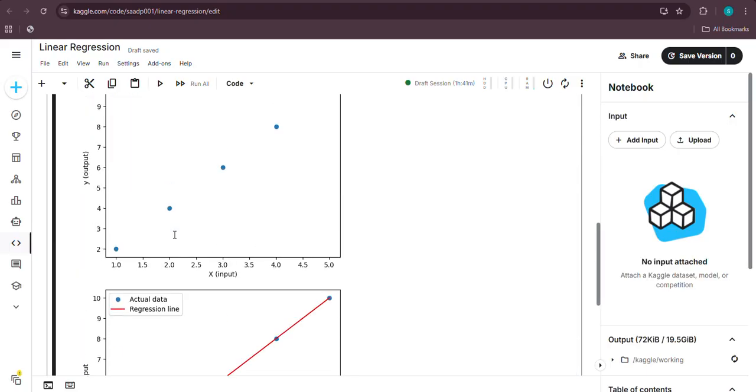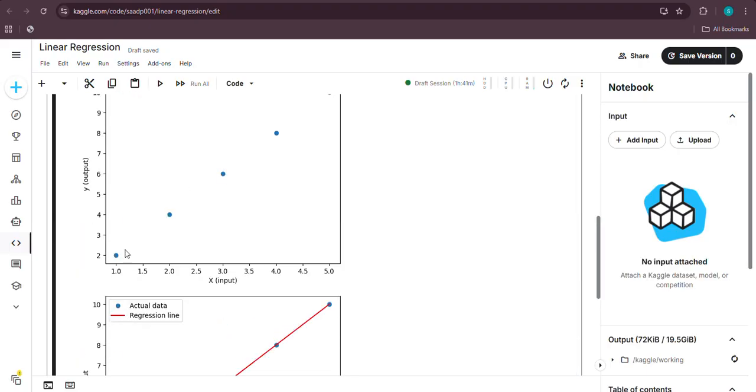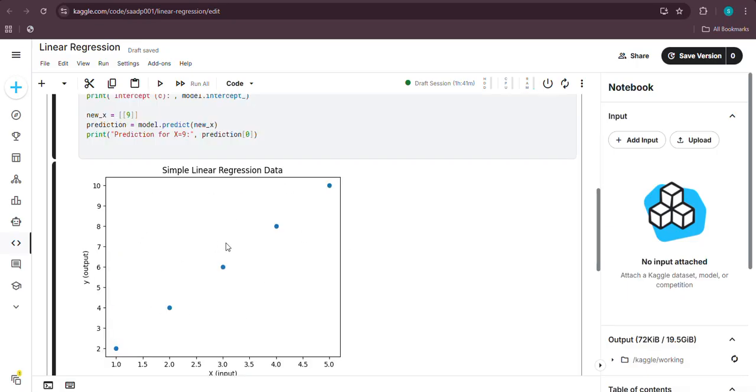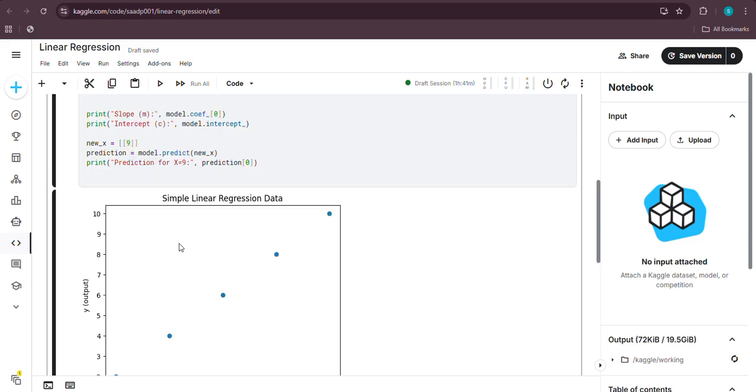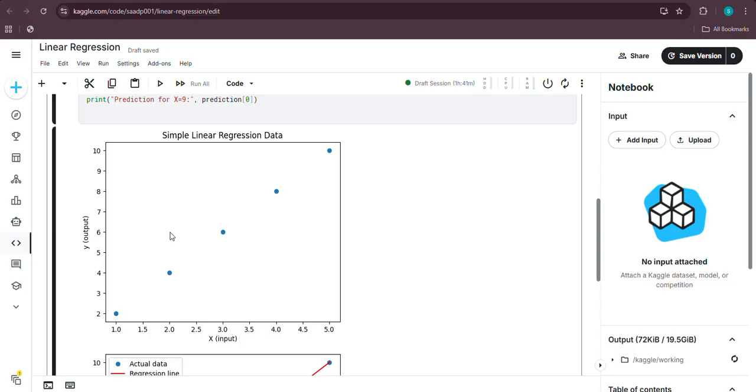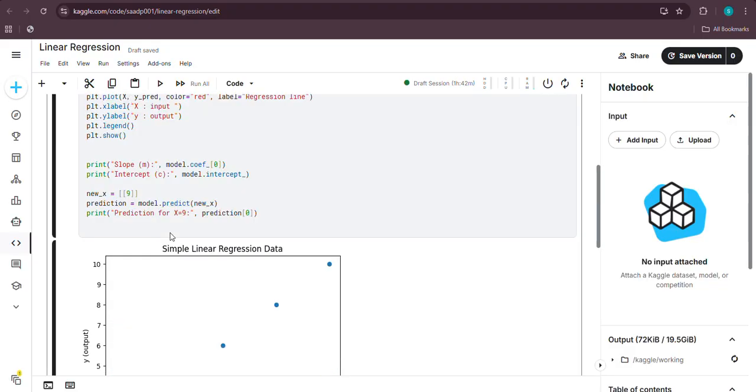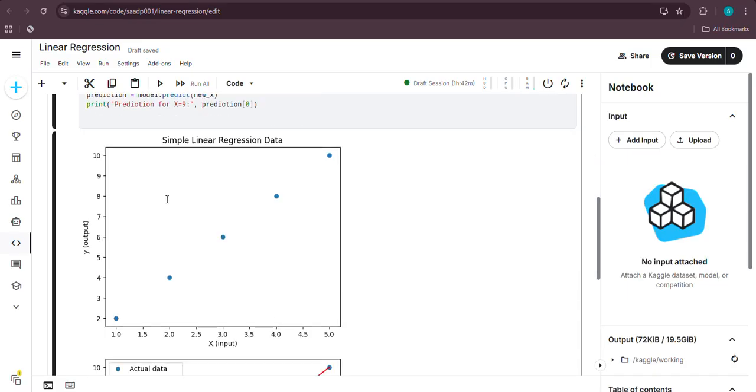Because here the test data was simple linear regression: if x increases by 1, then y will increase by 2. So here the trend data was really simple. But in an actual scenario, the trend data is not that simple. It may have some skewed values or some spread. So we can trend the data using those entities as well.